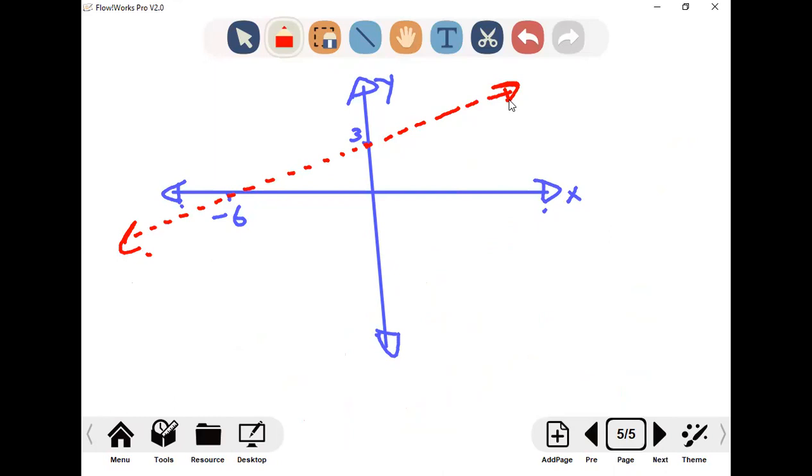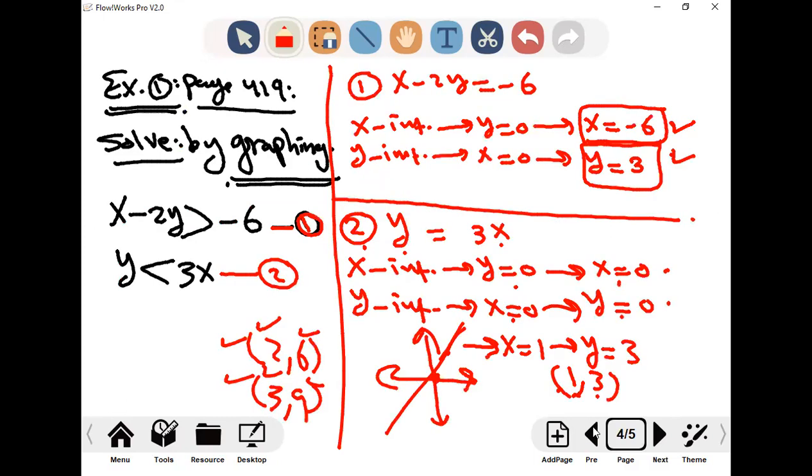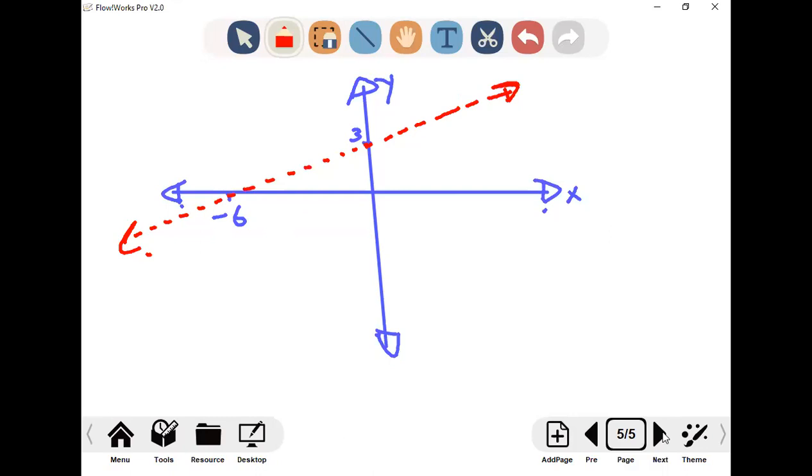Let's graph it. Let's check 0, 0. So where will we check 0, 0? In the inequality. Put 0 in place of x and 0 in place of y. 0 minus 0 is 0. Is 0 more than negative 6? Yes. 0 is more than negative 6. So the region which includes the 0, 0, all of it, is the area of the solution.